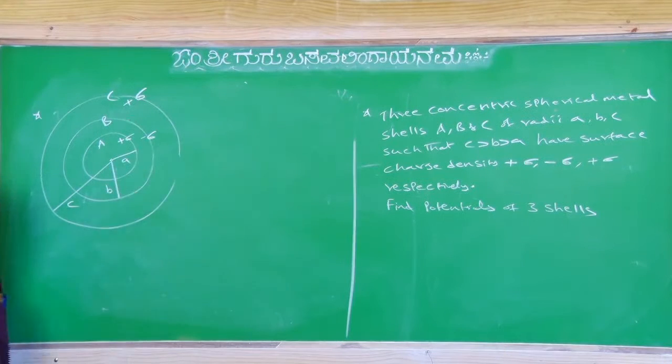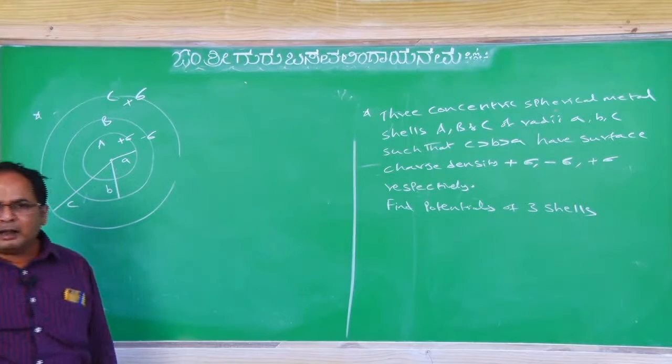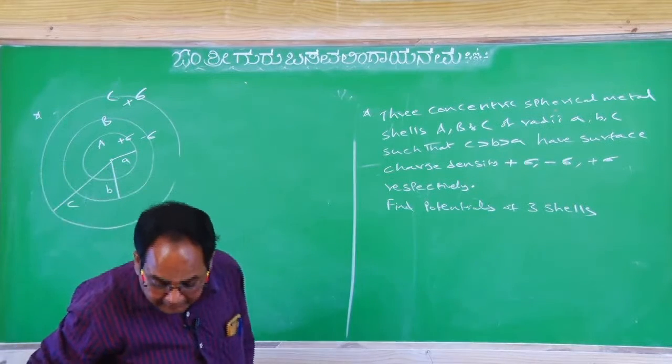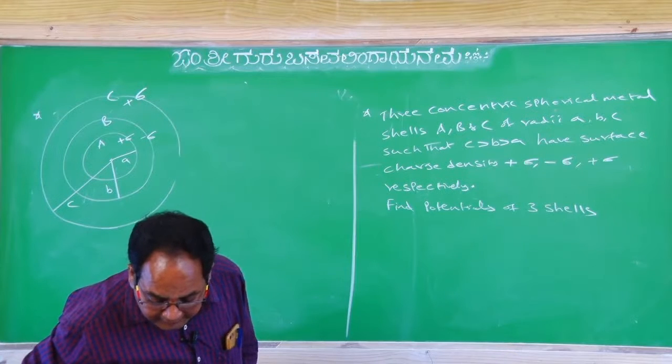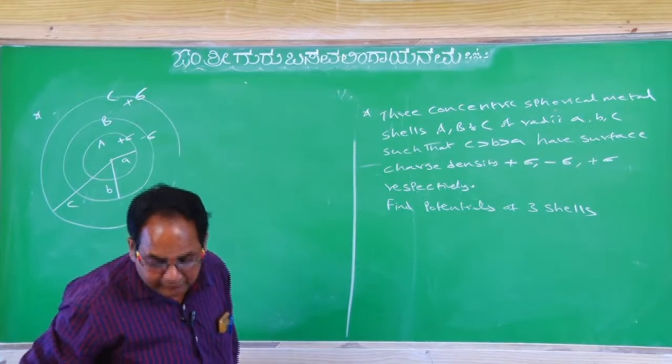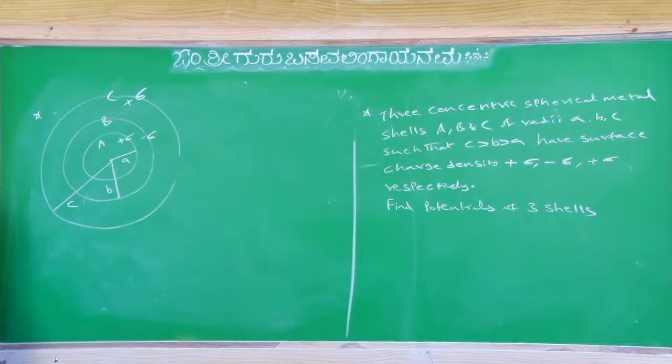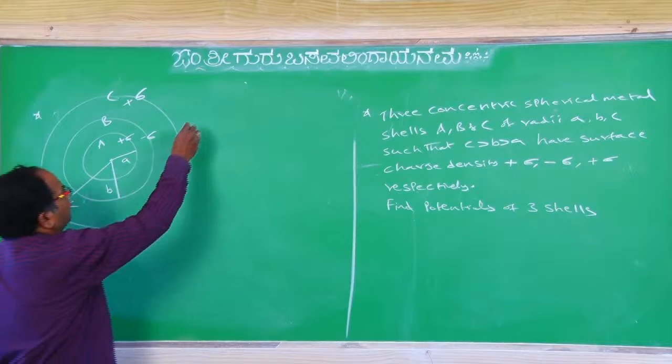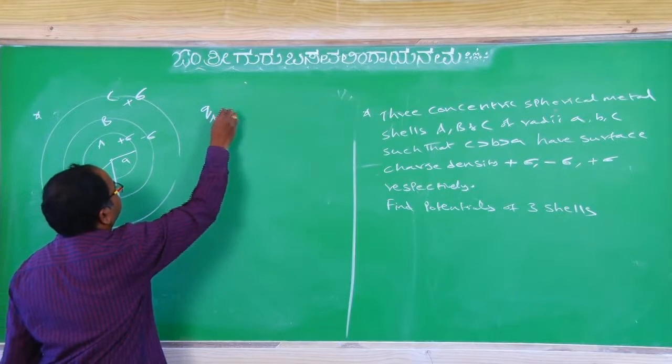This is the surface charge density. Here, how do you find it? They are asking for the potentials on 3 shells.